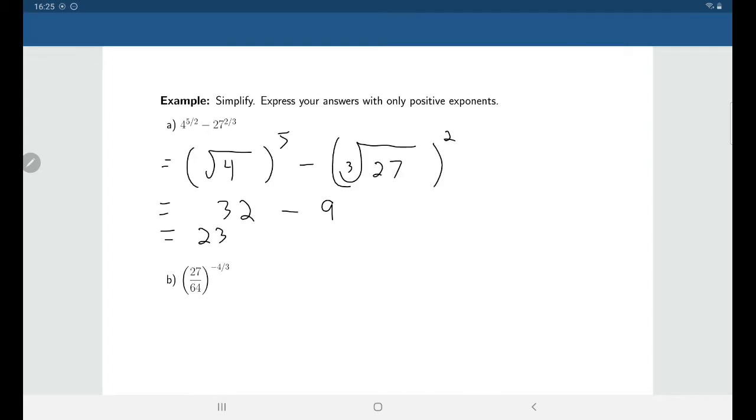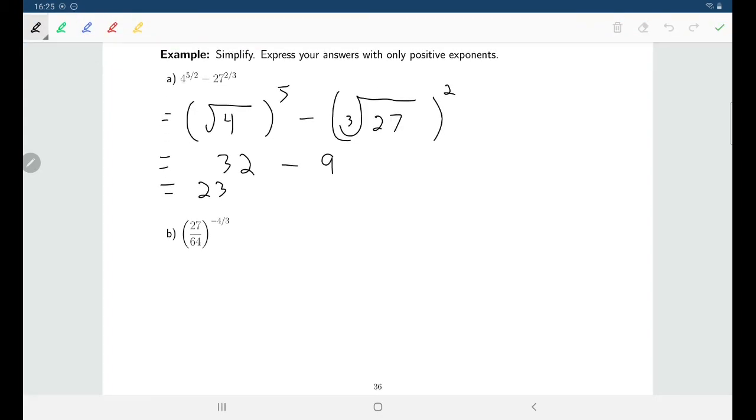For the next one, I'm going to simplify this first by using the property of a negative power, meaning a reciprocal. So when I say 27 to the negative 4 thirds, that's the same thing as taking the reciprocal and having it to the power of positive 4 thirds.